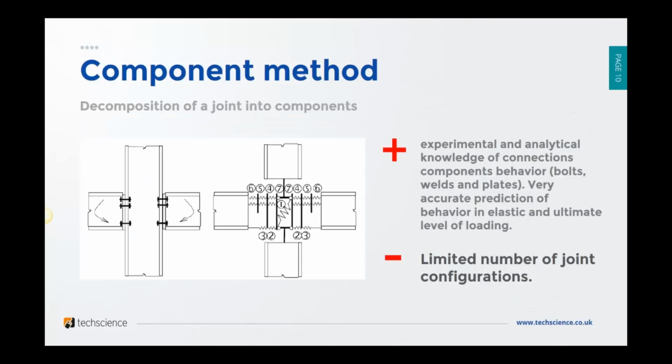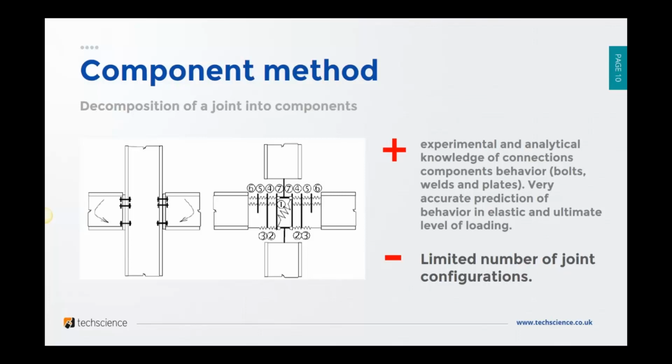First of all, it would be useful to have some background on existing component methods for anyone that is not really familiar with it. Component method starts with a decomposition of a joint into different components, followed by their description in terms of normal, shear force, deformation behavior.